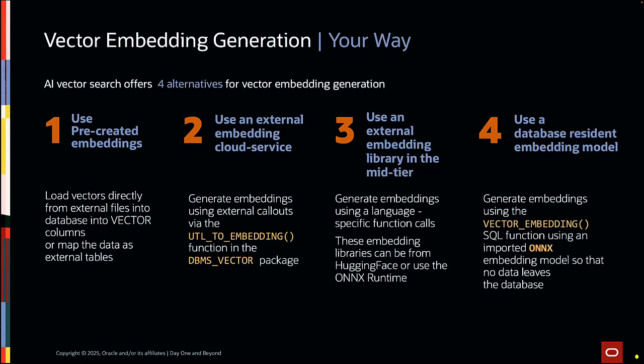With having this Onyx runtime engine running inside the Oracle database, it's possible to load an embedding model into the Oracle database and to run this vector embedding operation without even leaving your Oracle database. And this is extremely powerful for our customers, especially those that are in a space where they may be very sensitive about the security of their data and they don't want their data to leave their database to create those vectors from it.